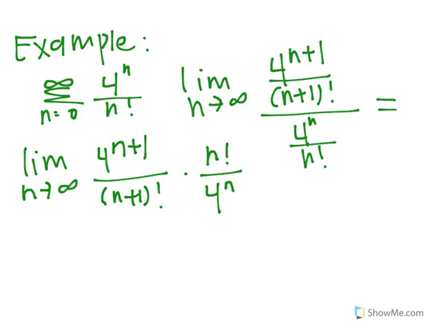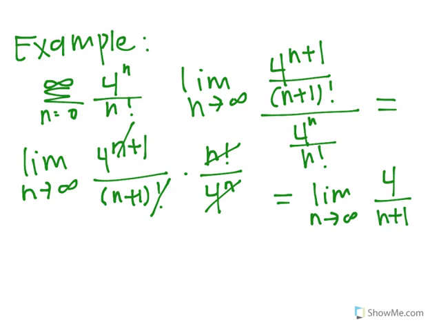So we have 4 to the n plus 1 over 4 to the n, and so the 4 to the n's cancel out, so on the top you're just left with 4 to the 1, which is just 4. And then the n factorial over n plus 1 factorial simplifies to just n plus 1. So this equals the limit as n approaches infinity of 4 over n plus 1.